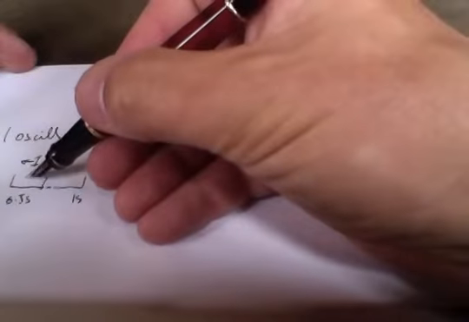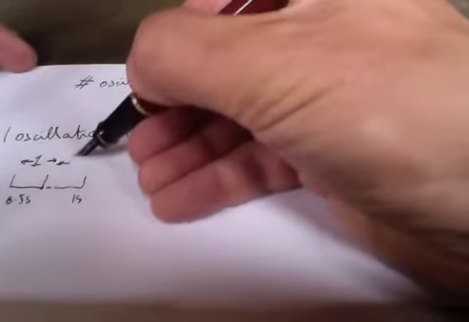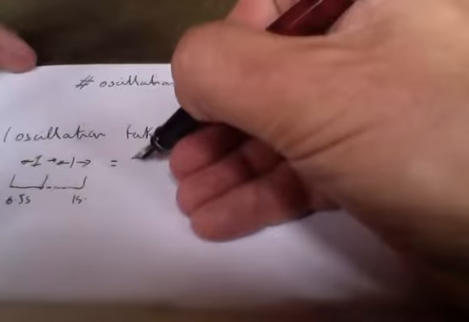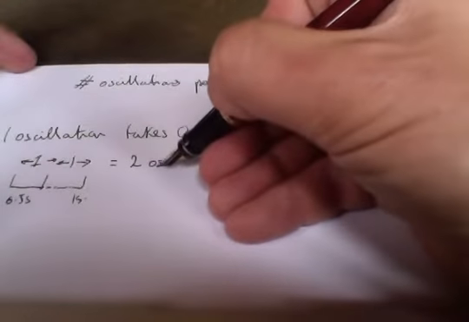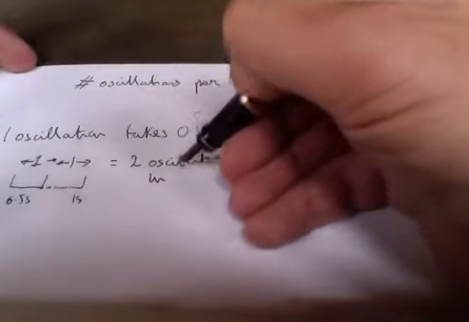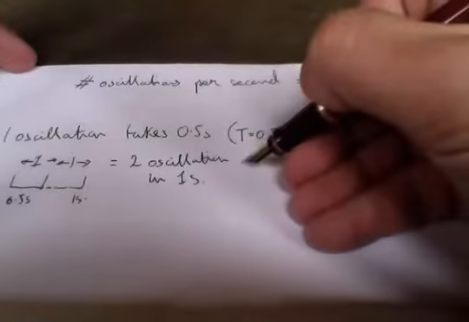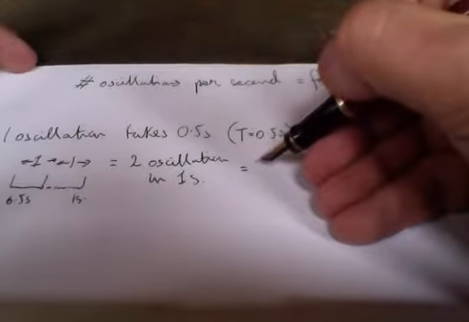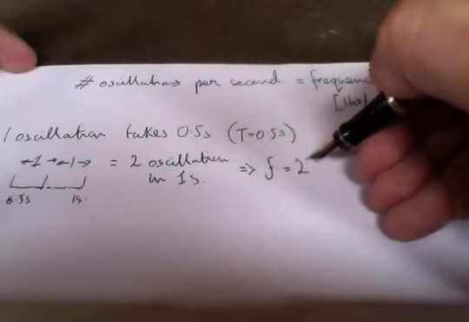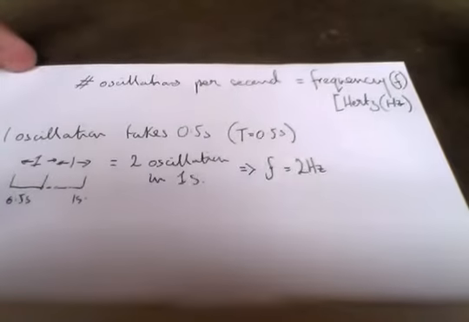Well, in actual fact, you'd be able to fit 2 oscillations into the 1 second gap. So what we'd say is that there would be 2 oscillations in 1 second. Or, if you like, we can say that that gives us a frequency of 2 hertz.